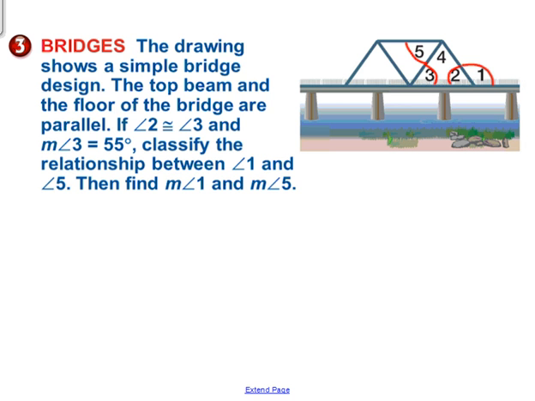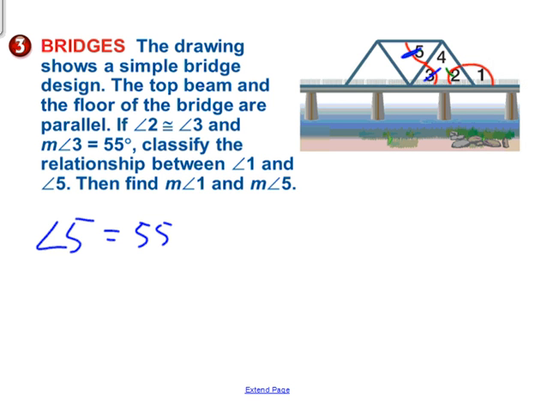We want to talk about 3 and 5. Angle 3 and 5 are corresponding angles, so they are equal. So that means that angle 5 is also equal to 55 degrees.